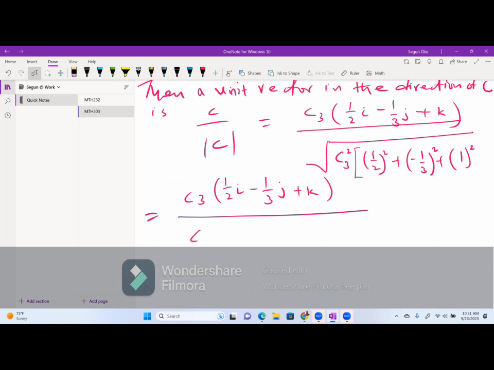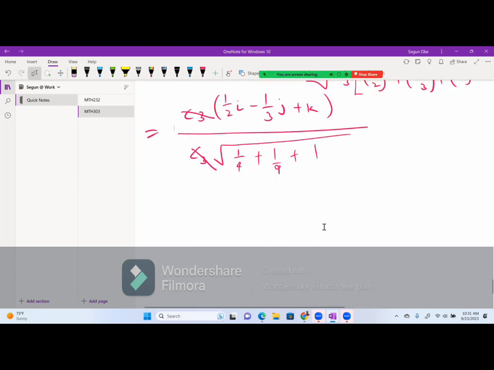What do I have? I will have C3 if I find it out. Then I will remain with 1 over 4 plus 1 over 9 plus 1. So this C3 will cancel C3. So that one is settled. Then I can now resolve what is in the square root.